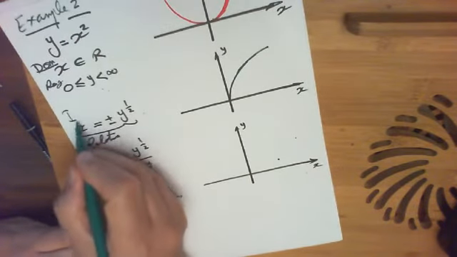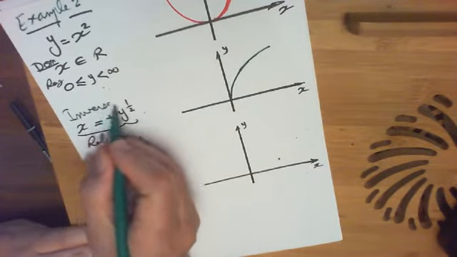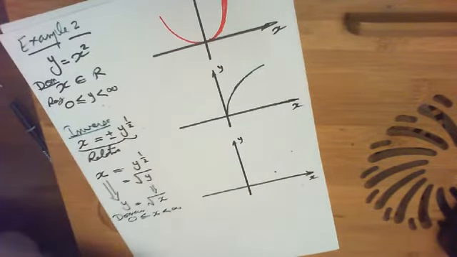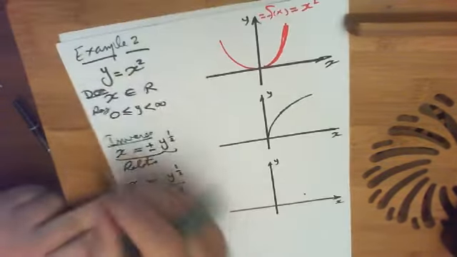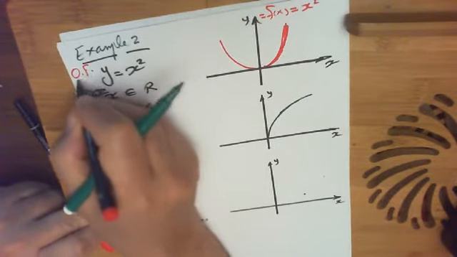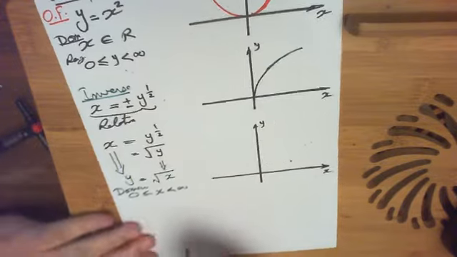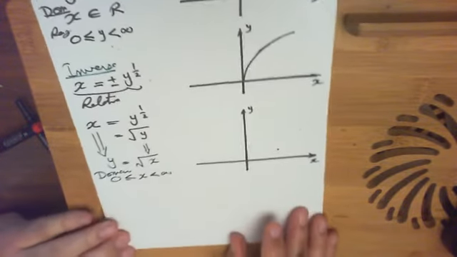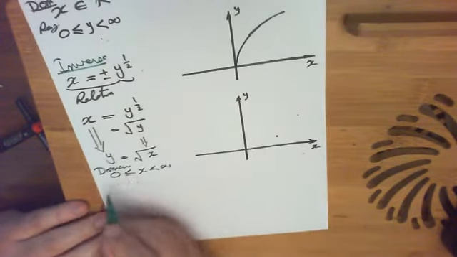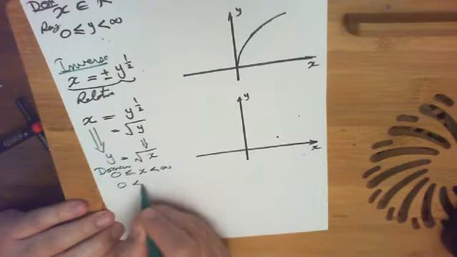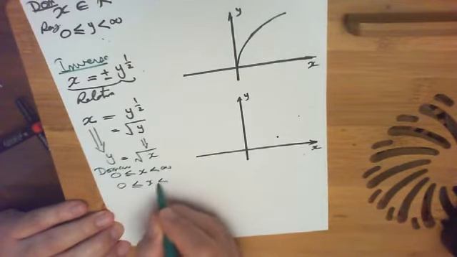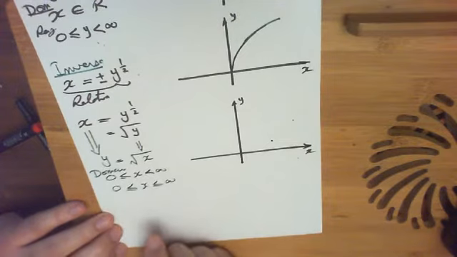This is for the inverse function, while this is for the original function. Okay? What about the range? As you see, also 0 less than or equal to y less than or equal to infinity.